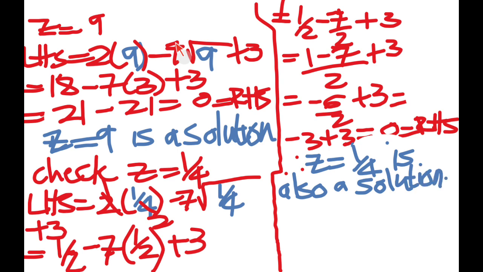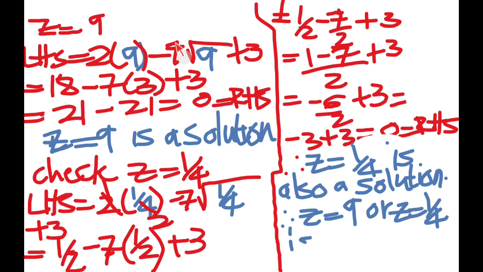Meaning that therefore z, not x, sure, I'm so used to x. Therefore z equals 9, or z equals 1 over 4 is the solution. And that's how you end the answer to that question.